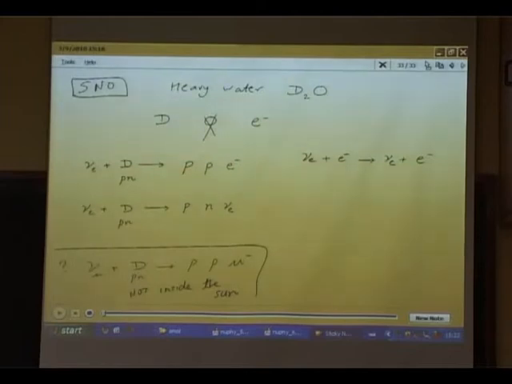Similarly, this reaction: you have P N, you just break it. This can happen. The second one, nu mu plus P going to E, N and nu mu, is possible.